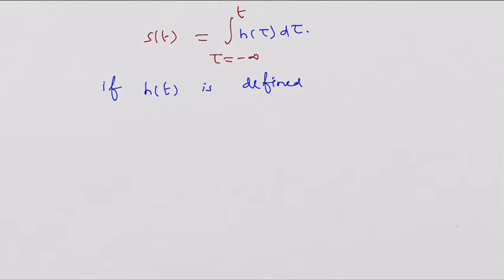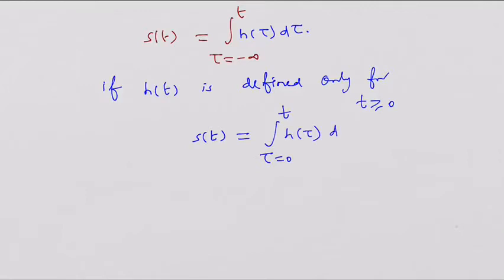If h of t is defined only for t greater than or equal to 0, that is, h of t is also causal, then the unit step response will be given by tau varying from 0 to t, h of tau into d tau.